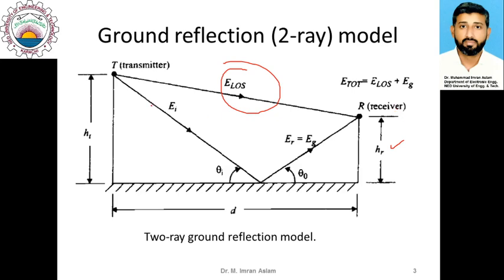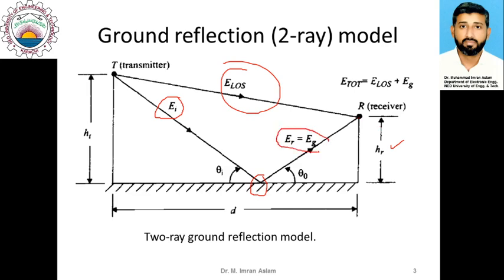Then there is another path, where another ray, represented here as E_I, goes towards the ground and gets reflected back from the ground. There is a specific point where the ray gets reflected back and reaches the receiver at the height of H_R.